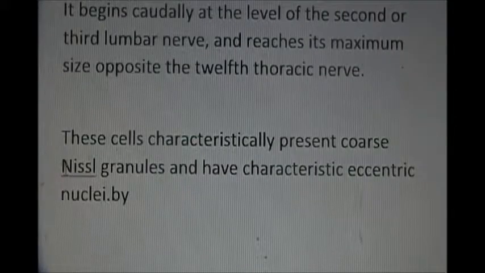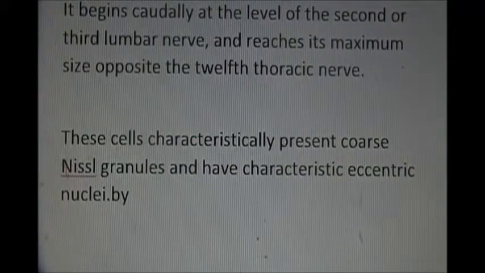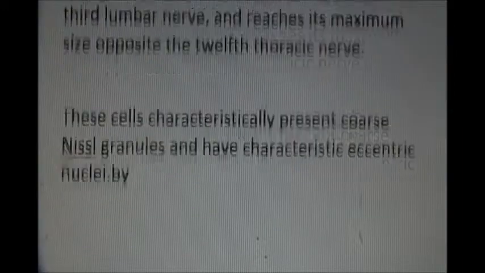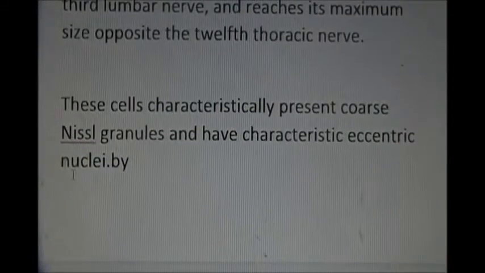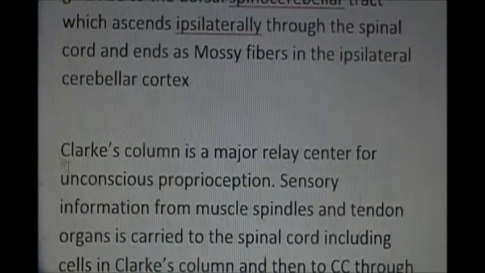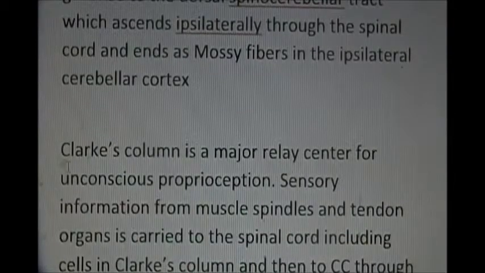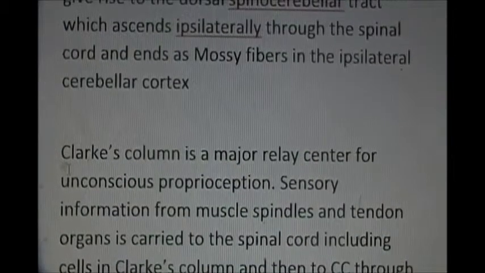These Clark's column cells characteristically have coarse Nissl granules and eccentric nuclei. Zonal projection: they give rise to the dorsal spinocerebellar tract, which ascends ipsilaterally through the spinal cord, and they end as mossy fibers in the ipsilateral cerebellum.